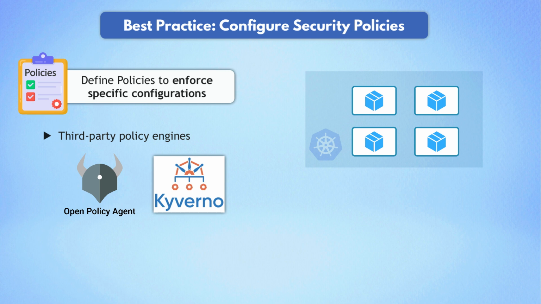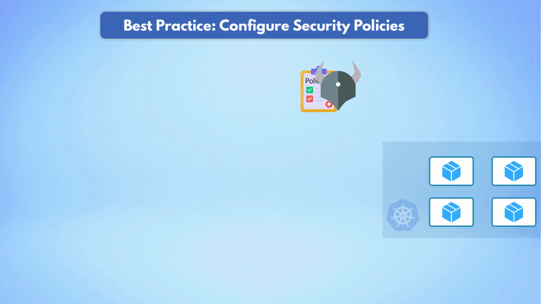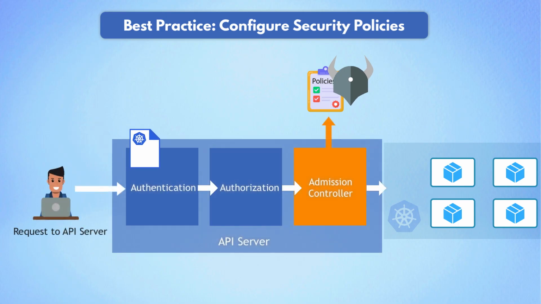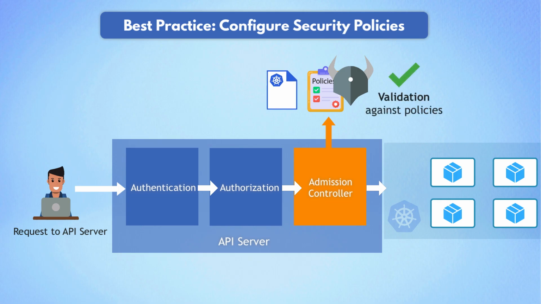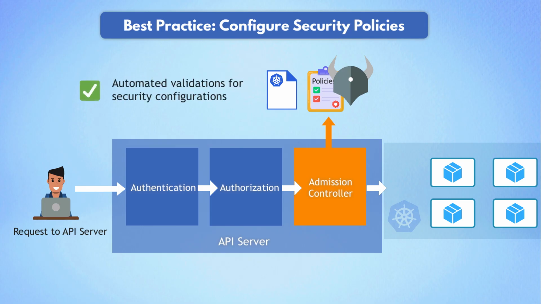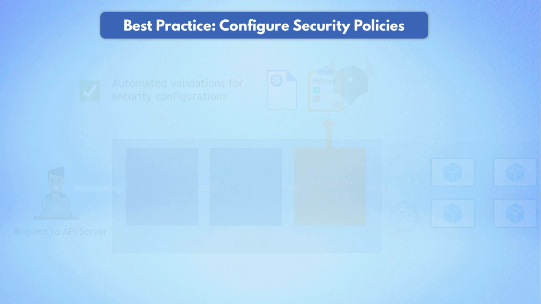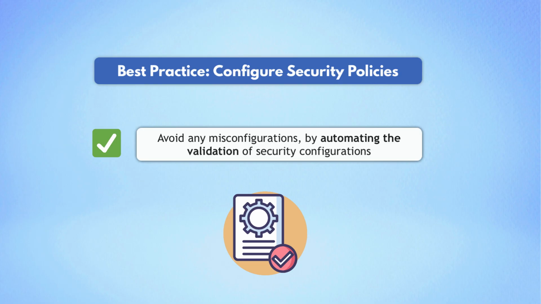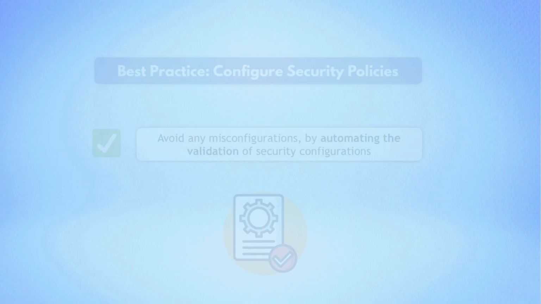And usually the way it works with these tools is that you create this security policy definition in Kubernetes with all the rules, and security policies hook into the Kubernetes admission controller component, which decides whether the deployment can go through based on the policies that you defined. So it's like a gatekeeper that validates deployments against the policies defined by you. And this way you can have automated validations for various security configurations. So creating security policies to automate validation for security configuration is another security best practice.